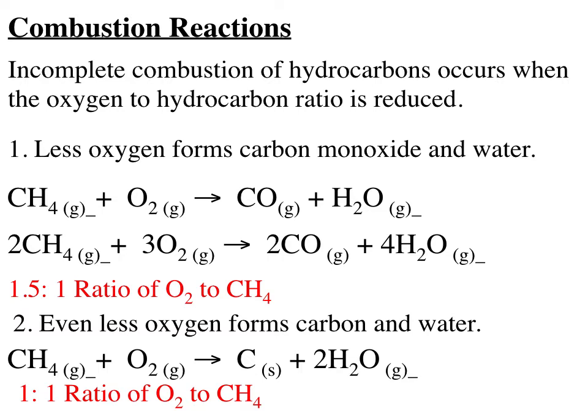You burn your hydrocarbon, you can make this gas that will kill you. So when they talk about ventilating your reaction correctly, when you're burning kerosene heaters and things like that, make sure you're getting enough oxygen to it so that it is not forming this particular product.